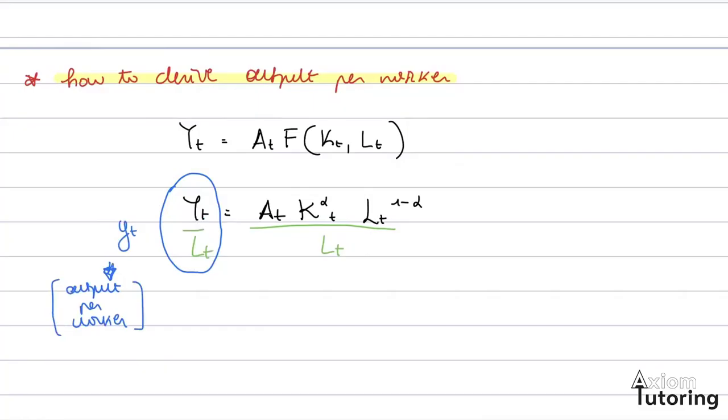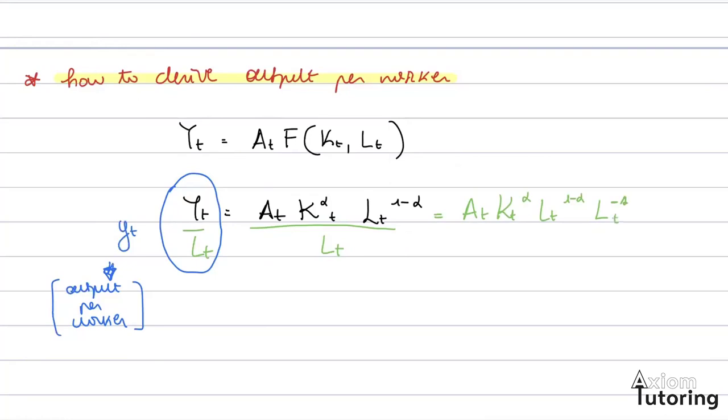But then here on the right-hand side, we need to do a couple of manipulations. So of course, it's as if we are now multiplying our full production function by L to the power of -1. Because if we take it up, it's as if we're writing it to the power of -1.